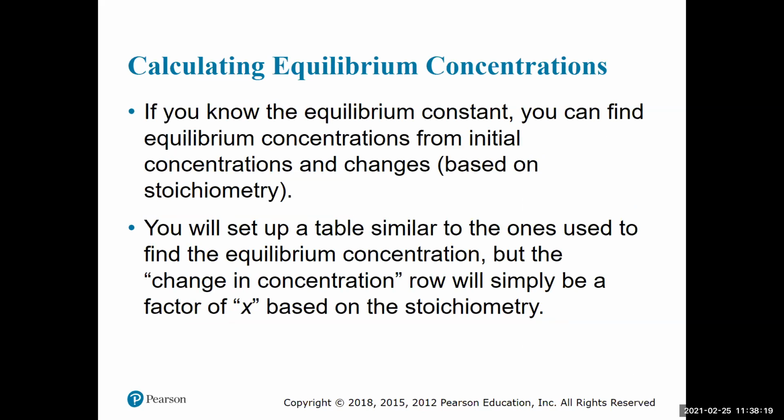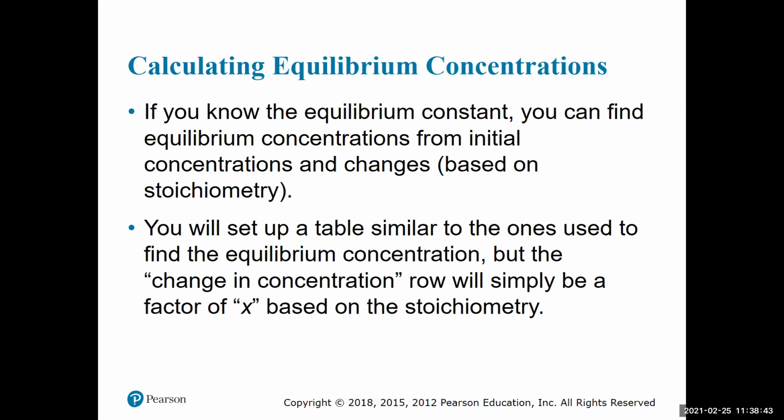Okay, so if you know the equilibrium constant, you can find out what the equilibrium concentrations are from the initial concentrations and any changes that occur, and knowing what the reaction stoichiometry, so that balanced chemical reaction, is.